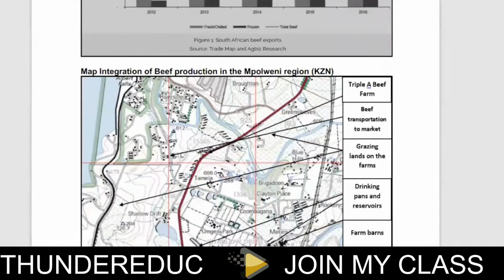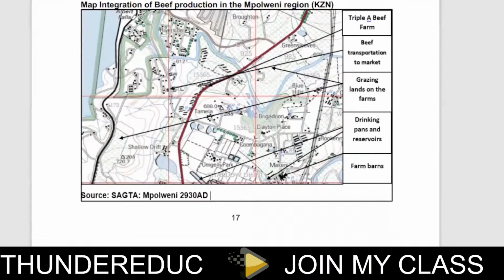Now, in this case, I want to integrate some of the map work aspects on beef production on the map. Look here, somewhere here we have a map. It's saying map integration of beef production in the Mpumalanga region, which is KZN.